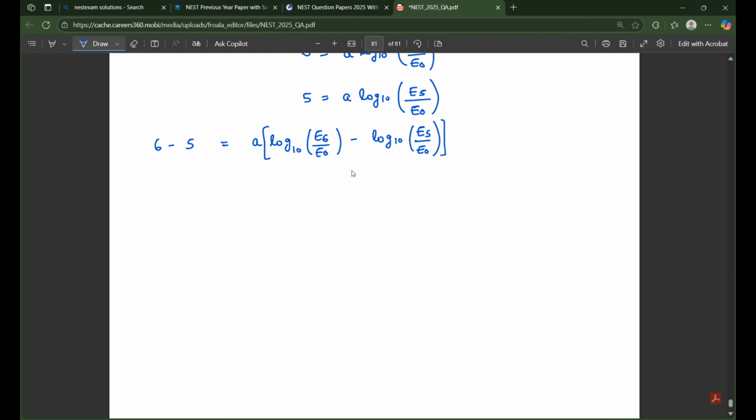We know that log A by B is equal to log A minus log B. Now from this property we can write this equation as 6 minus 5, that is 1, is equal to A times log 10 of E6 by E naught divided by E5 by E naught.